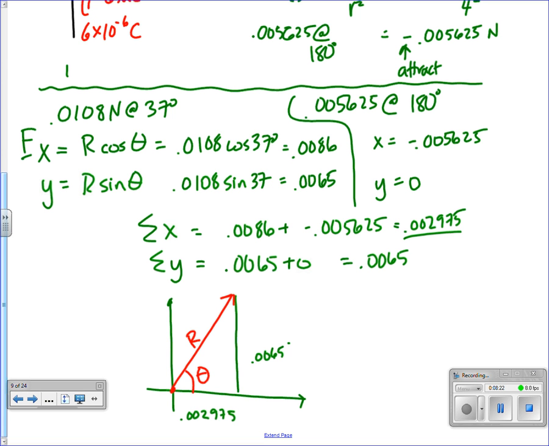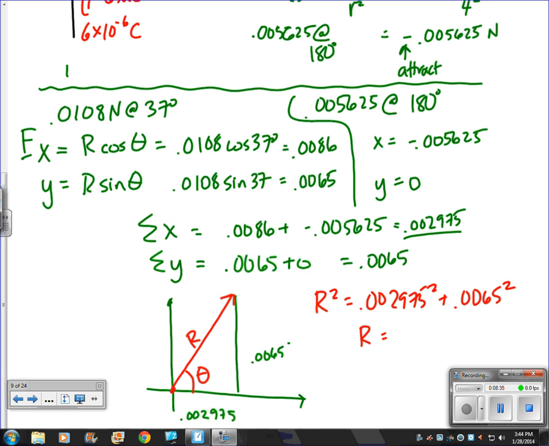And I can solve for r with the Pythagorean theorem. R squared would equal 0.002975 squared plus 0.0065 squared. So after doing that calculation, my r value is 0.0071. And then I do inverse tangent to find my angle, and when I do inverse tangent, I would get an angle of 65.4 degrees.